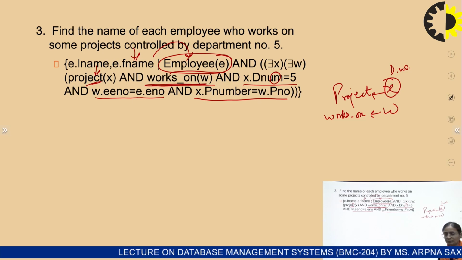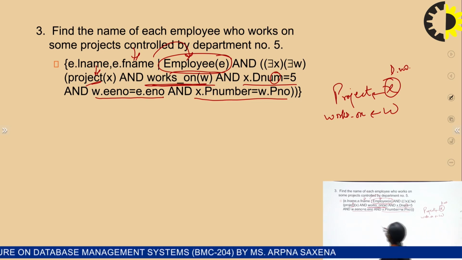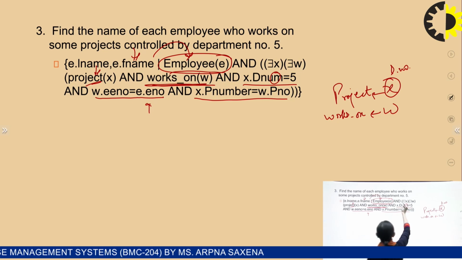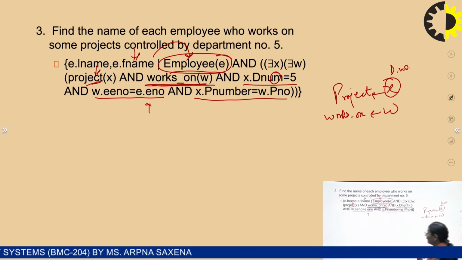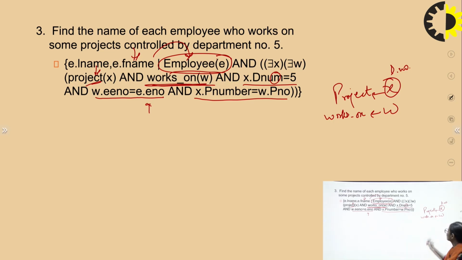So here, in works on, the employee number should match the employee number present in this particular relation, as well as they should be working on some project. Here the project number is coming from my X, that is from here and here. If they match, it implies that they are working on some project.